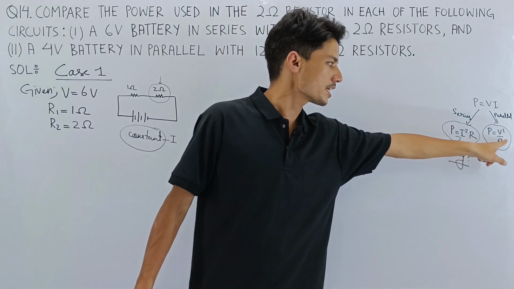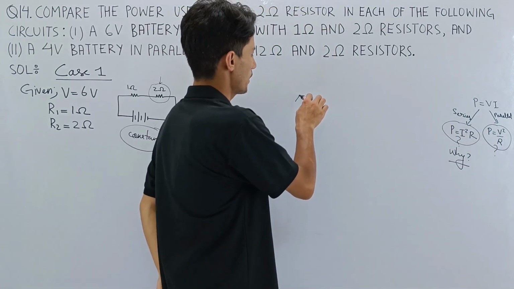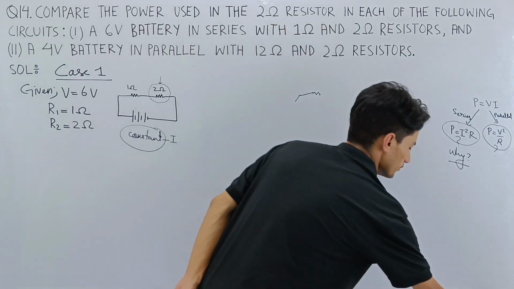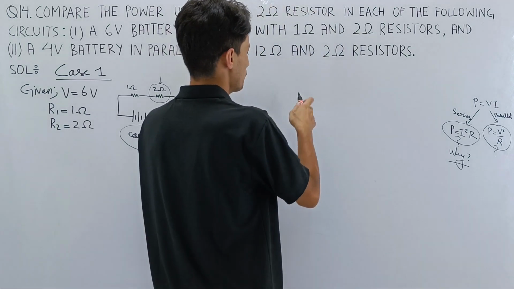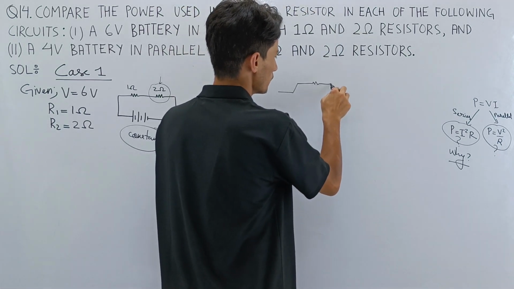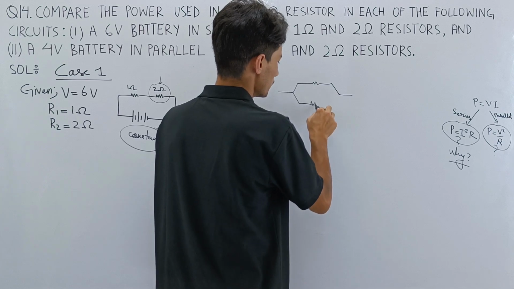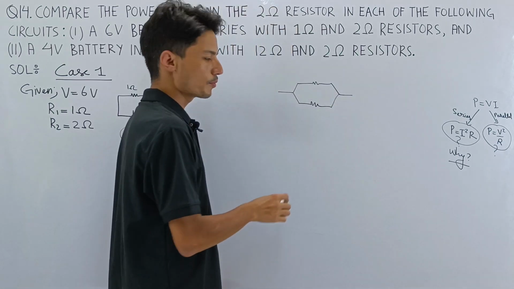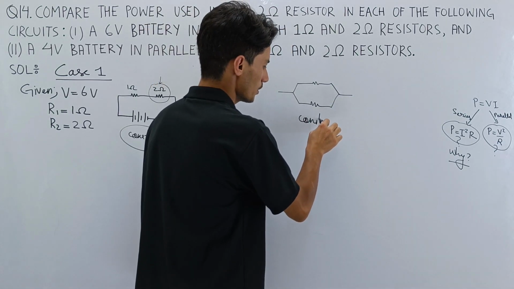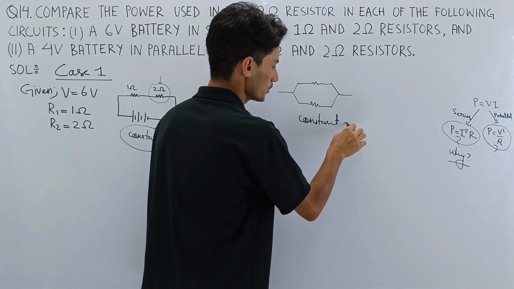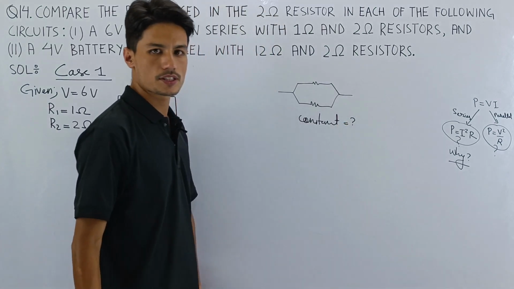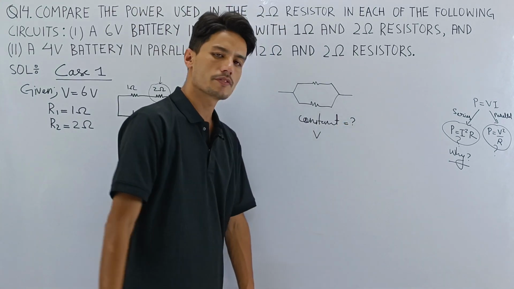Likewise, the same explanation we will use for parallel. In parallel combination, if I ask you the same question, what is constant in parallel combination? Your answer is potential difference, is it not? V remains constant.